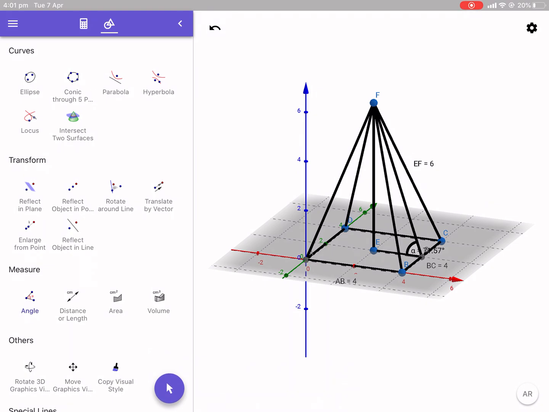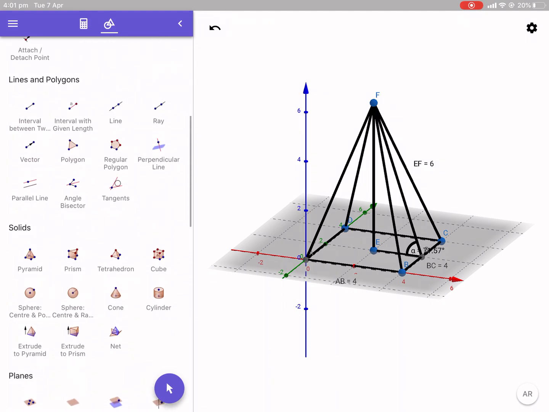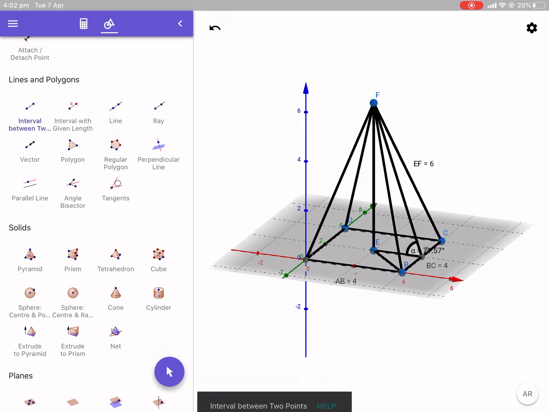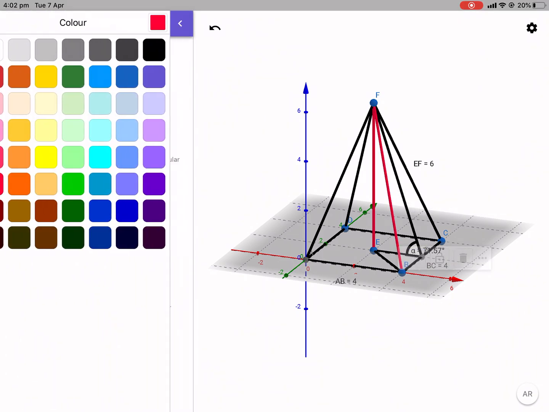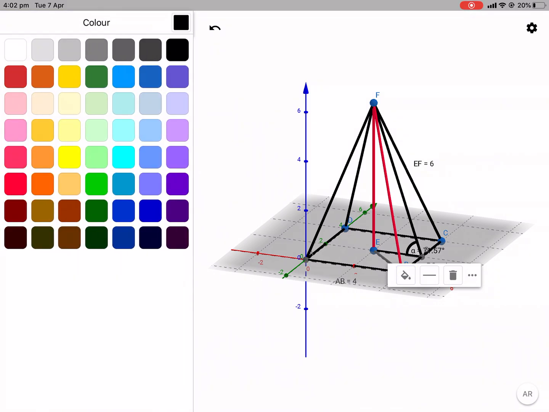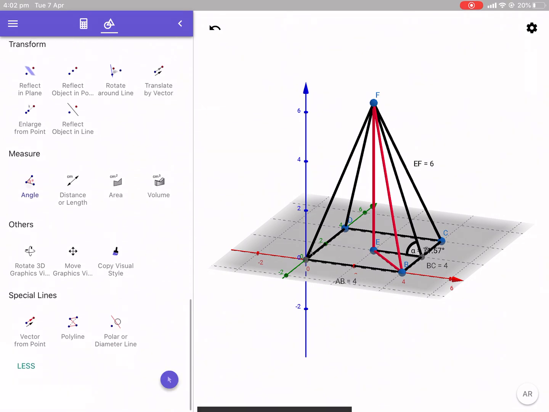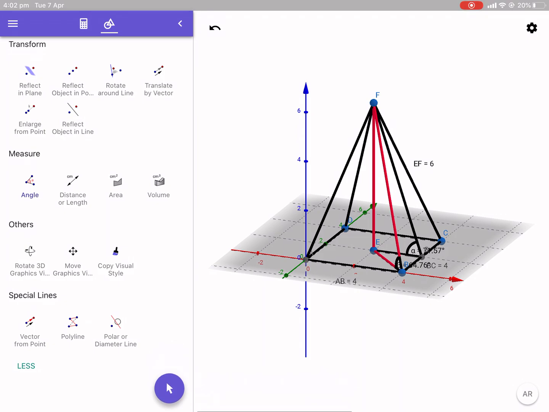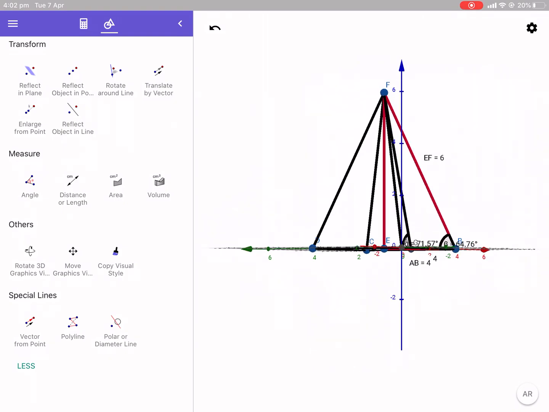Now the angle we're going to calculate, and I'll turn the relevant ones red, is this angle in here. That angle there.